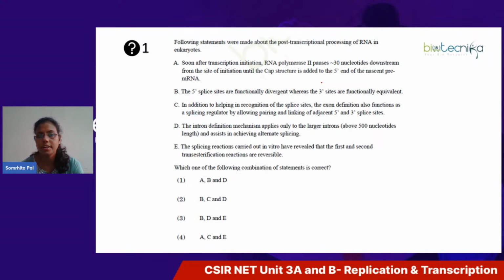D: the intron definition mechanism applies only to the larger introns above 500 nucleotides in length and assists in achieving alternate splicing. And E: the splicing reactions carried out in vitro have revealed that the first and the second trans-esterification reactions are reversible.